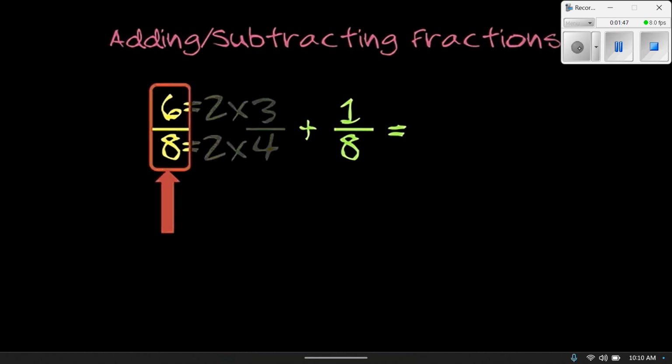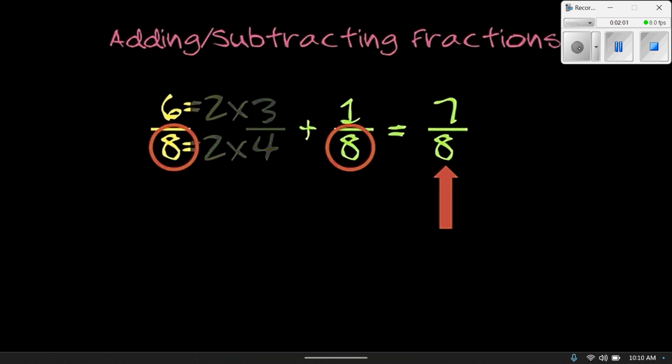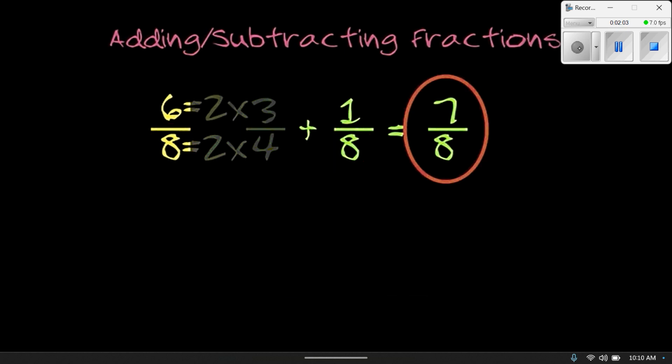Now I turned 3/4 into 6/8. 8 on both sides, start up top. Add numerators straight across. 6 plus 1 is 7. 8 on the bottom, so you look the same. 7/8, 7/8.